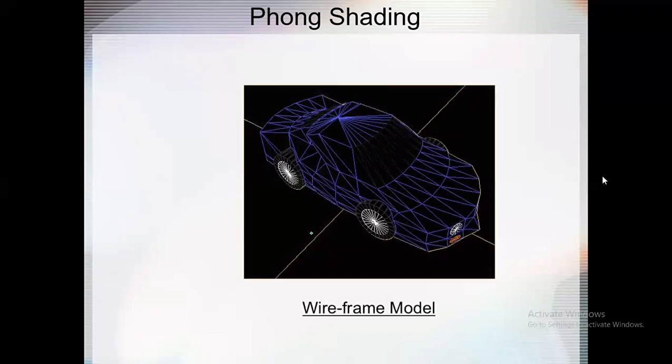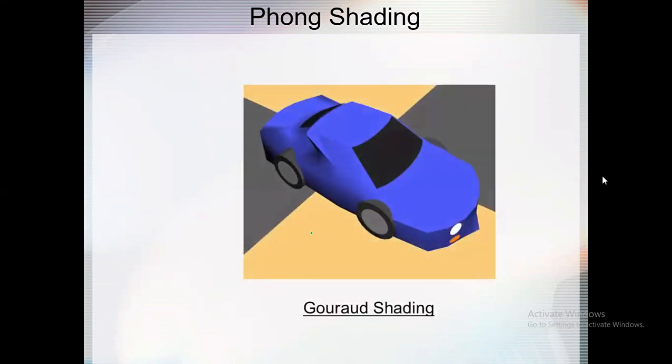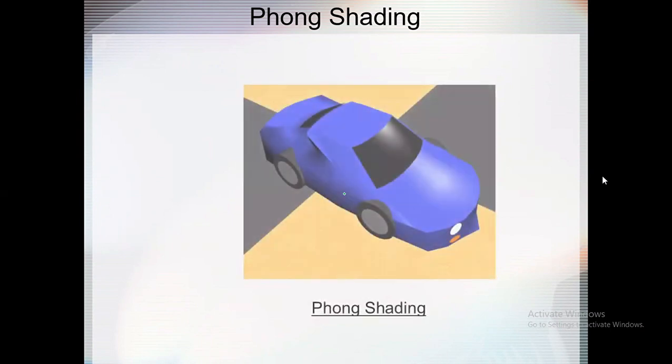So now take a look on that one, wireframe model. This is a flat shading. This is ground shading, more smooth. Now, whenever we see the Phong shading, it will illuminate a bit. You can see that illumination over here. Clear?